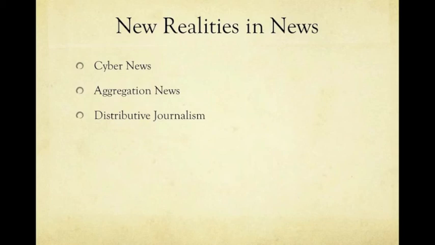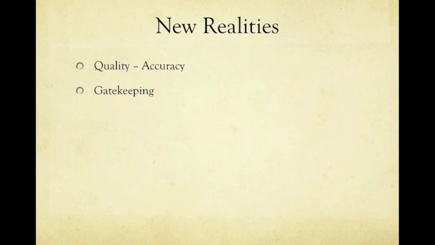And then distributive journalism. This is often the label that's given to online news sources, and it's just the collection of news from widely different sources, and it's not really checked for accuracy before it's re-reported. And although it didn't begin with the internet, the quality of news can be affected by unsubstantiated claims, including hoaxes.